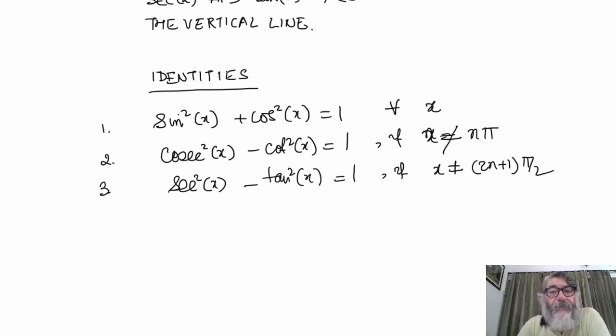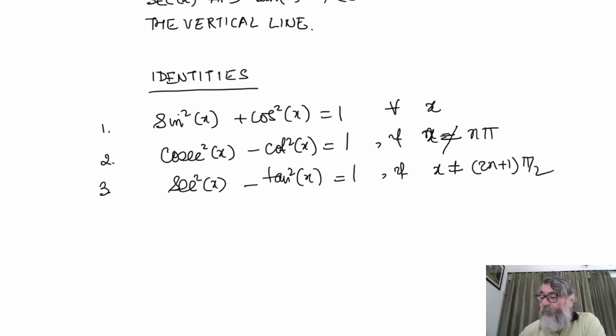If x is an odd multiple of pi by 2, then cos will become 0, and sec is 1 upon cos and tan is sin upon cos. In both the denominators cos is coming, and if that happens, then sec square x minus tan square x will not be equal to 1, because again the left hand side will not be equal to the right hand side.